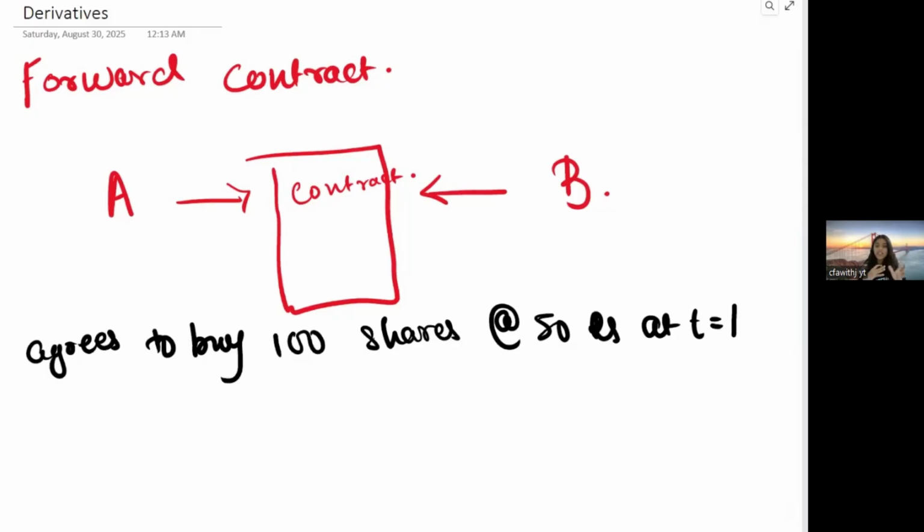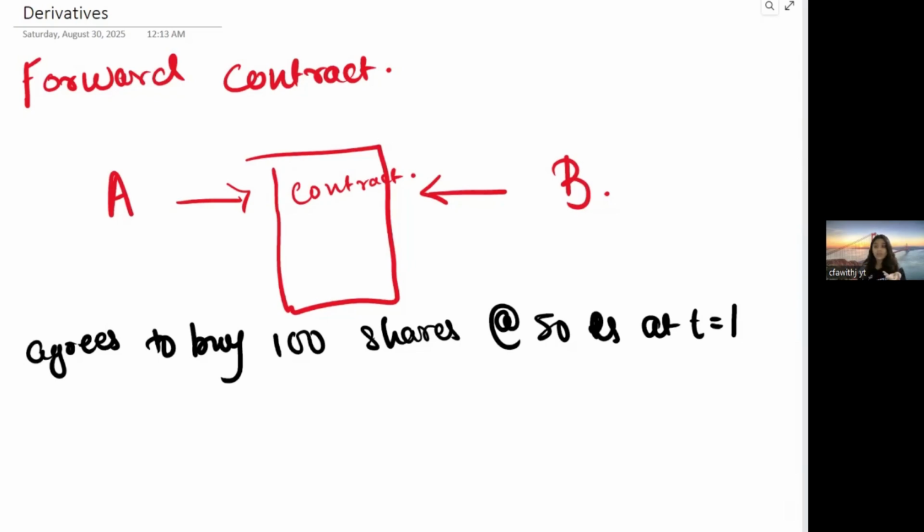So instead of exchanging 100 shares for 50 rupees and then giving back 25, A will only give back the difference.